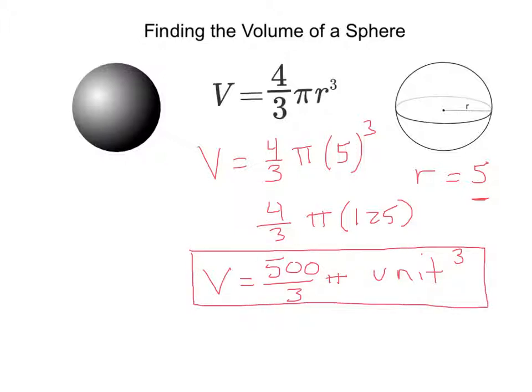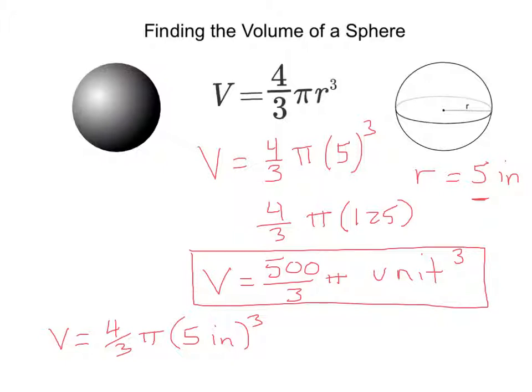In case you forgot that volume was in cubic units, there's another way to figure it out. Let's pretend for a second that the radius was not just 5, but 5 inches. So if this had been 5 inches, my original setup would have been volume equals 4/3 pi 5 inches cubed.